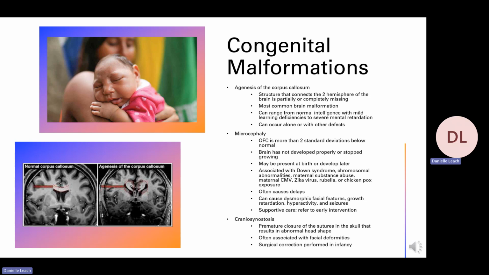So this one, they basically close too quickly. So then the baby's head can't grow normally and their brain cannot grow normally. This one's also associated with facial deformities, but it is possible for surgical correction of this to be performed in infancy, where basically they have to go in and make new suture lines.